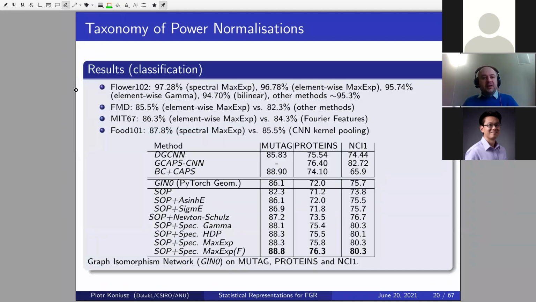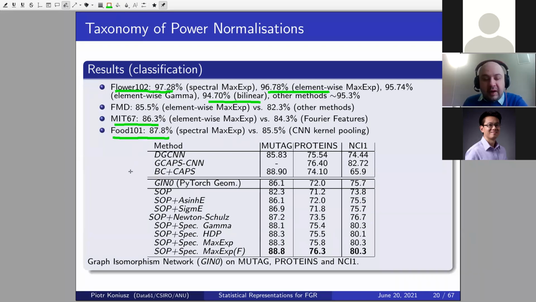Okay, so just wanted to show you some results very quickly. For Flower 102, using spectral pooling is better than using element-wise pooling. And of course, those are better than just bilinear pooling. The same can be observed on MIT, on fine-grained Food 101.